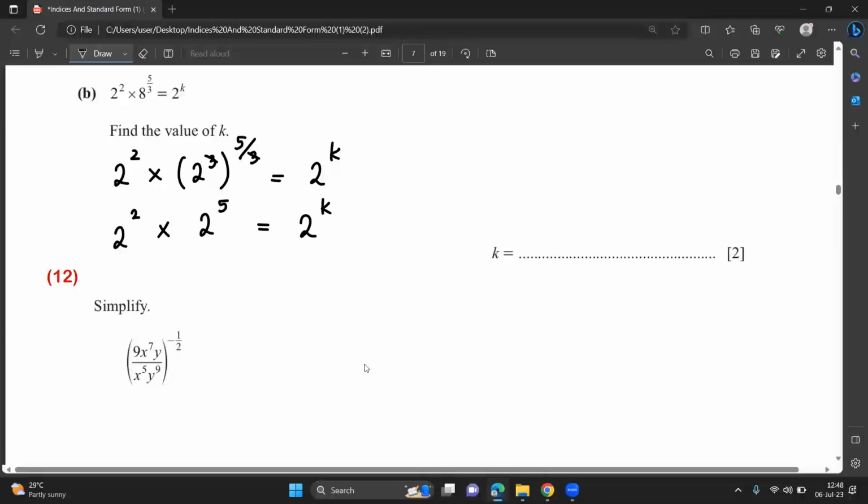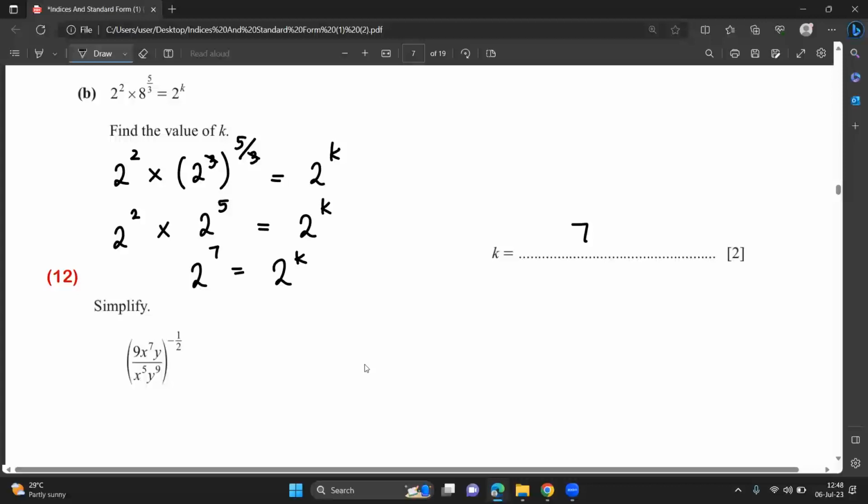What is the answer here? 2 to the power 2 into 2 to the power 5? Very good. 2 to the power 7. What is k, guys? Is that easy? Right. Guys, first of all, change the 8 to a base of 2. Because if it's not a base of 2, can you simplify? When everything else is a 2, and if only this is 8, can you simplify? No. So you first convert 8 to 2 to the power 3, right?